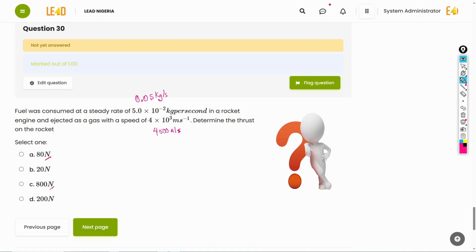Because there is no formula that gives you kilogram per second times speed, meters per second. I've never seen a formula like that. But just by going by the dimensional analysis, you can see that multiplying both of them would give you the units you have in the options, right?